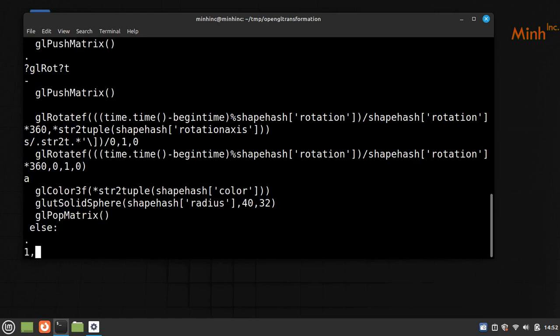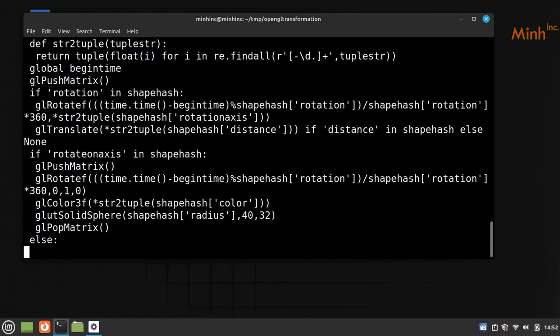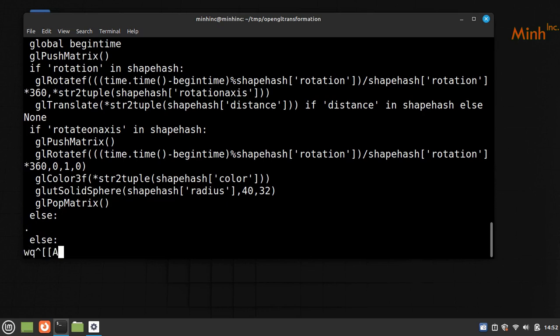Okay, so where we are. If it rotates on its own axis, this is Python and we must take care.